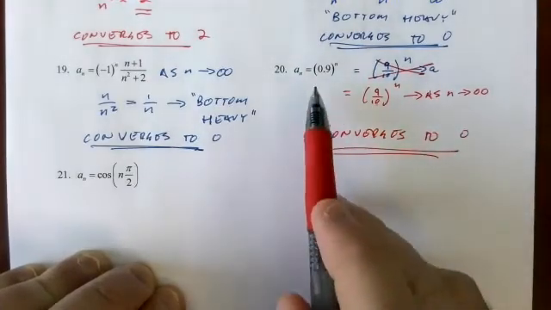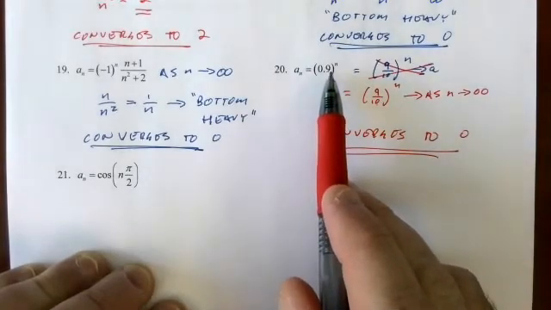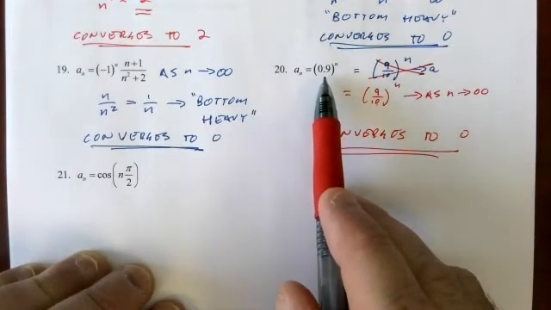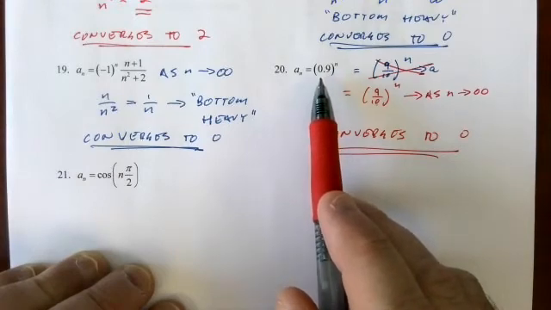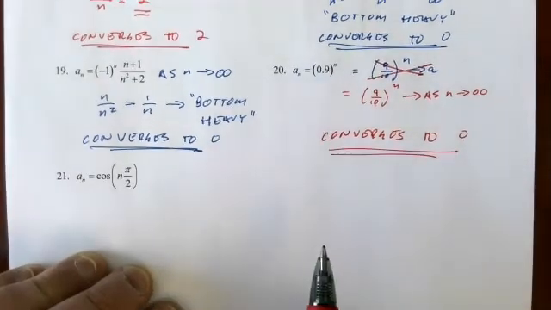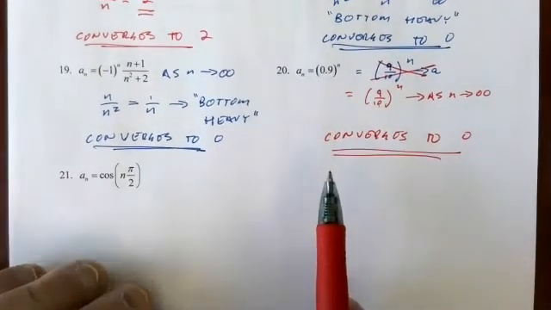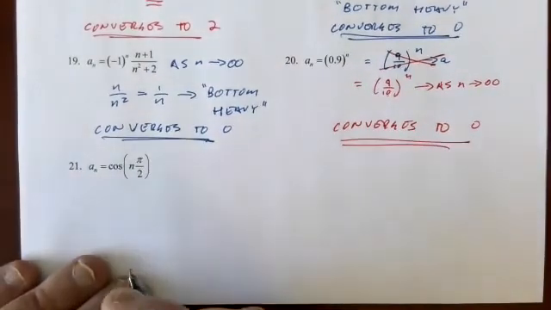Long story short, this is a geometric sequence that has an r of 9/10. The first term is 9/10. So it's going to get closer and closer to 0 as n gets bigger and bigger. Again, you would graph it to see if that works. Whether or not this would be a series that converges is another story entirely, so another time.